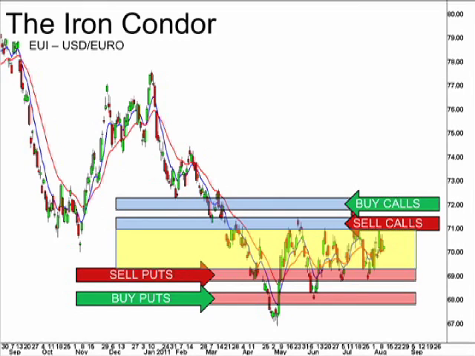I can also sell calls at 71 and buy calls at 72. Ultimately, my expectation for the next month is that the pair value is going to consolidate within that particular range. In other words, it's going to trade within that 69 to 71 range.